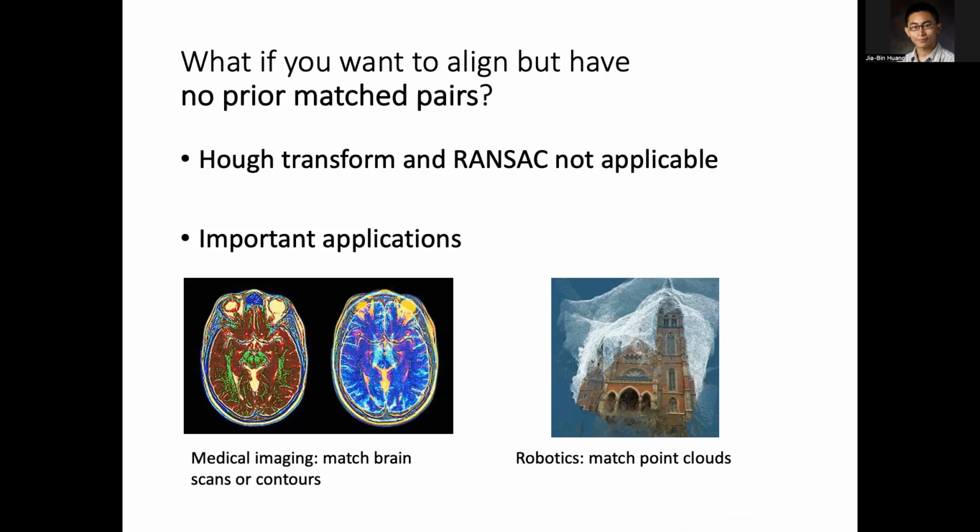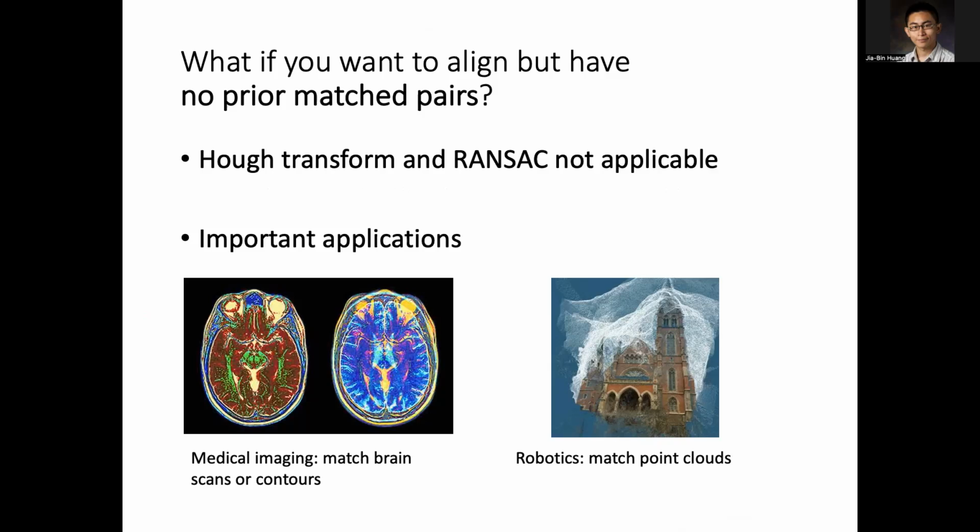So this is some application. For example, let's say you do a CT scan for a health checkup, and maybe 6 months later, you do another CT scan, right? You need to somehow align these two CT scans so that the doctor can see what changed. So this is an alignment problem.